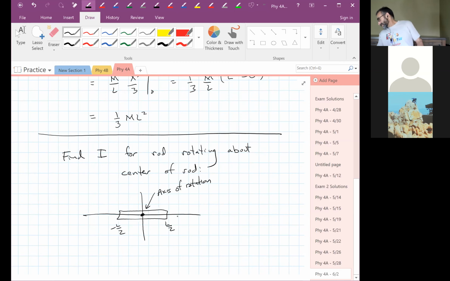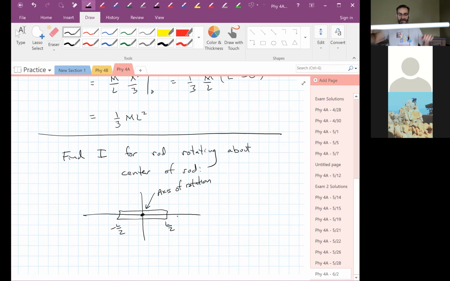I've got a rod here. I'm going to hold it in the center and I'm going to twist it. Now I'm going to hold it at the end and I'm going to twist it. One of them feels very different than the other one. One of them is much harder to rotate and harder to stop rotating. One of them is much easier to start rotating and stop rotating. The axis at the end has to be much greater, right?